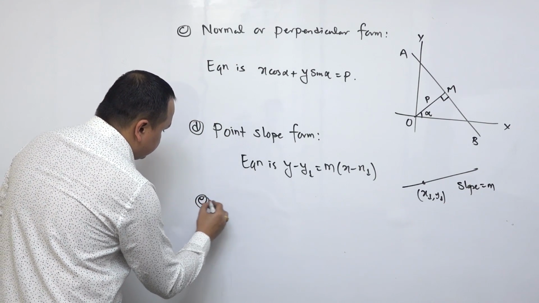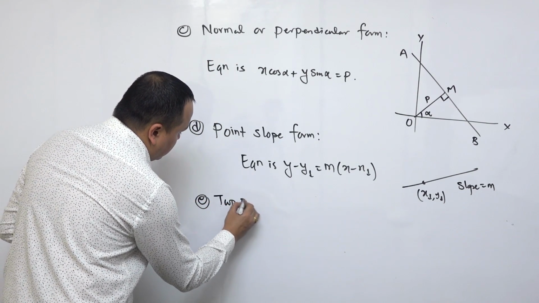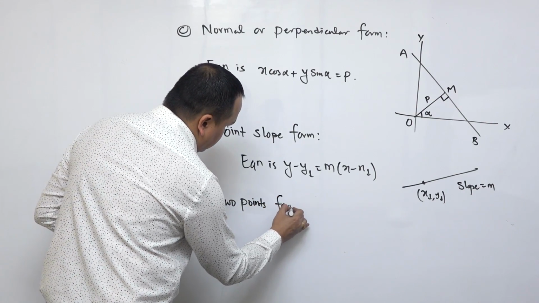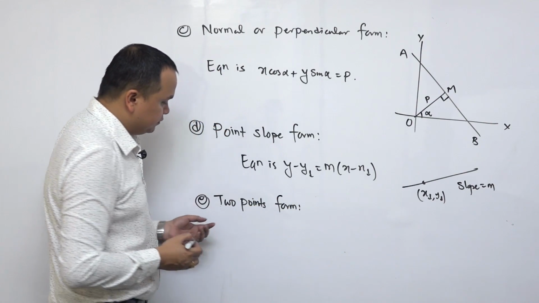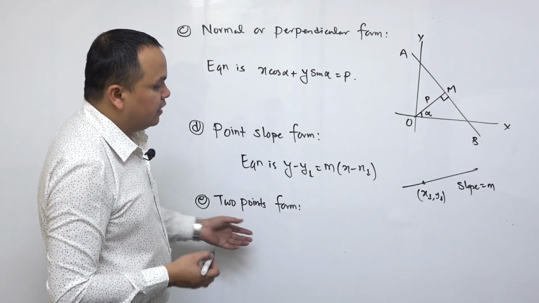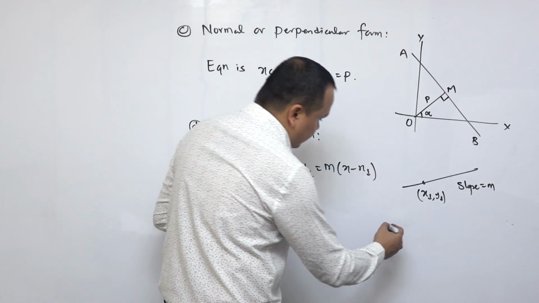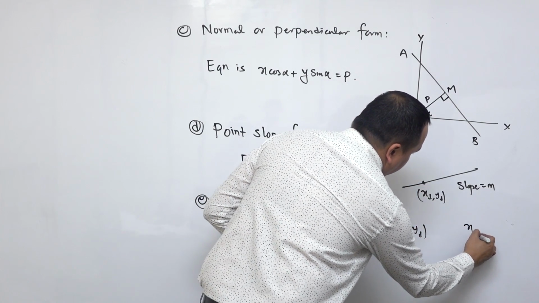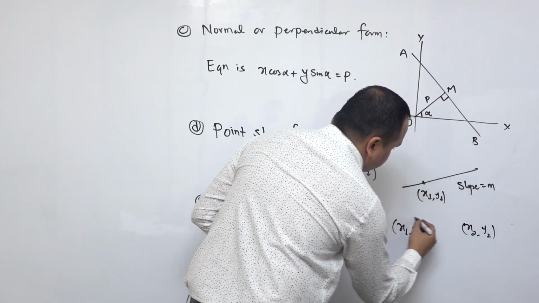Two points form. In this case, two points are given, x1 comma y1 and x2 comma y2.